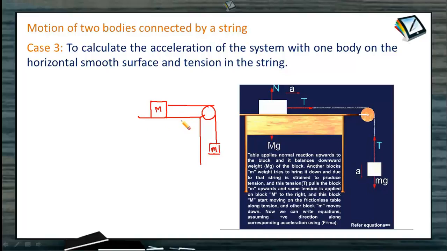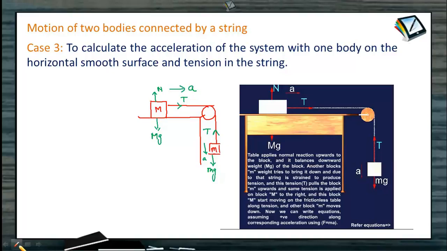Let us see what forces are acting on these two bodies. One force is mg, another is tension T. Here is tension T, and this is capital Mg, which is balanced by the normal reaction N. This is coming down with acceleration a. Since the string is inextensible, this is also acceleration a.